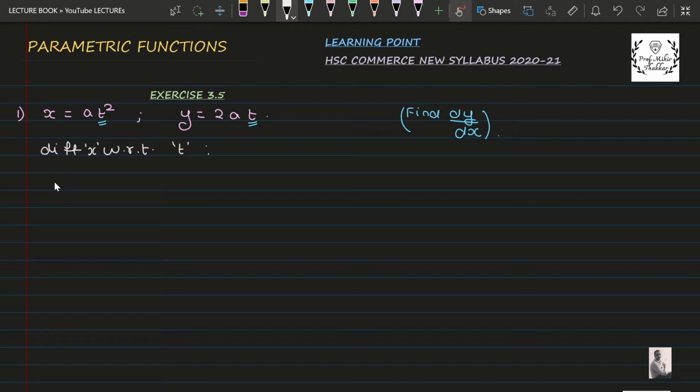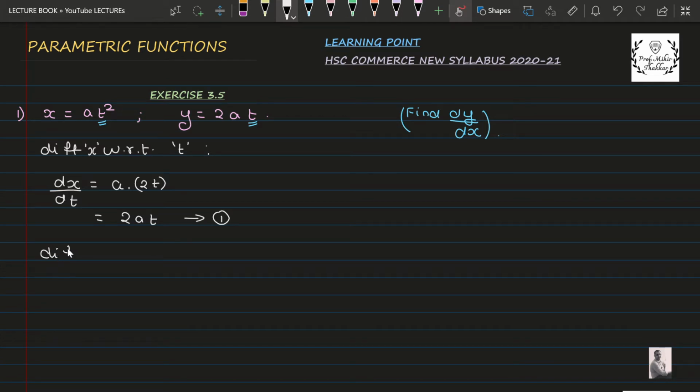So I will get derivative of x, dx upon dt, which is equal to a over here is the coefficient, so we cannot do anything with this a, but derivative of t square will be equal to 2t. So I get the value as 2at. Give it as equation 1.